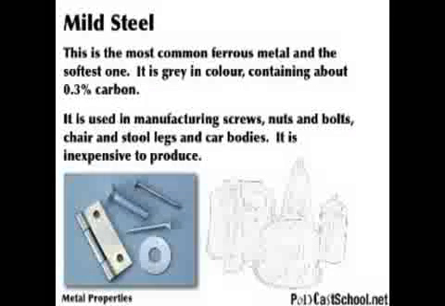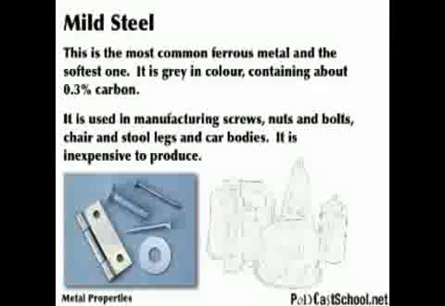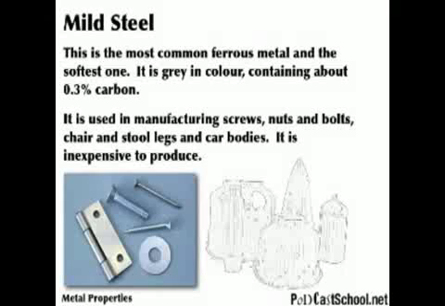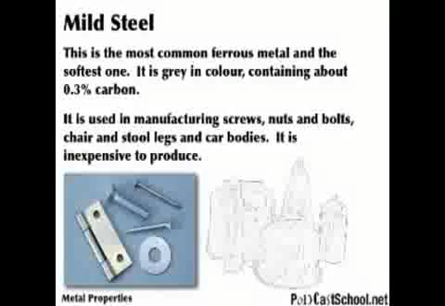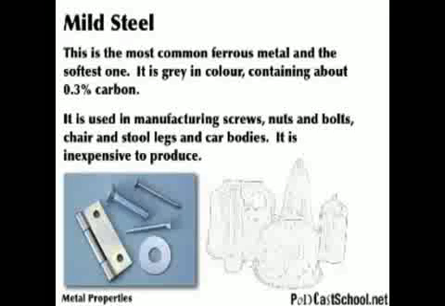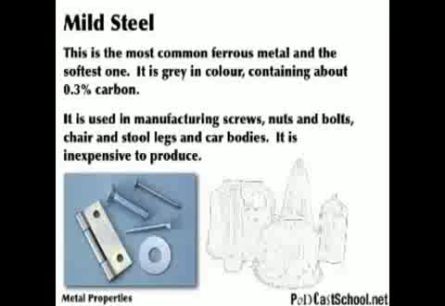Okay, so by adding a little bit of carbon, we can change the properties of the iron drastically. And by doing that, we can make a much more malleable material, one that we can really work with. Only 0.3% carbon, and it is very inexpensive, and we see that all over the place. Lots of industrial components are made from mild steel.